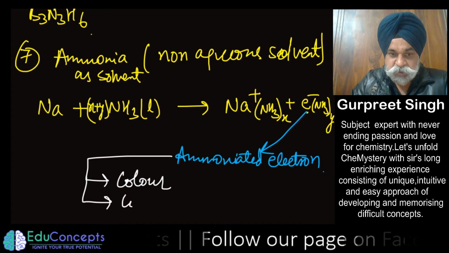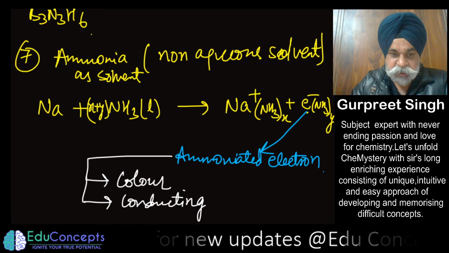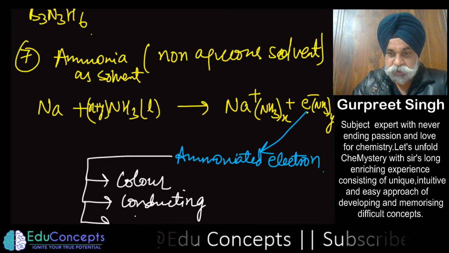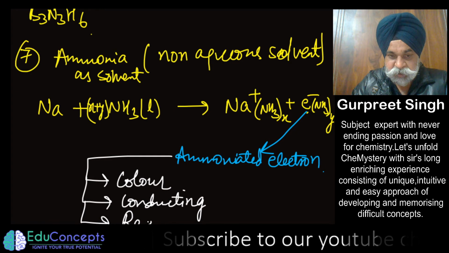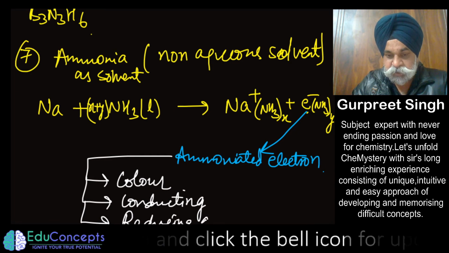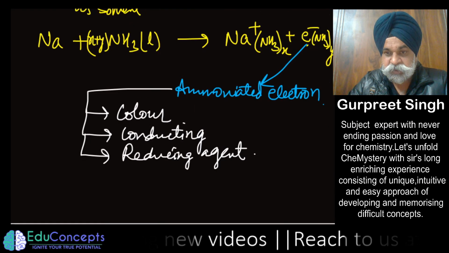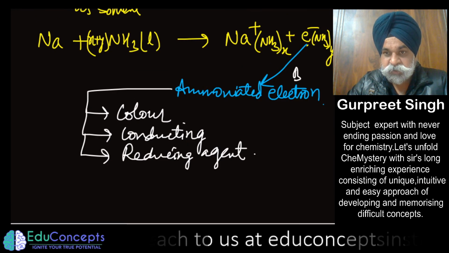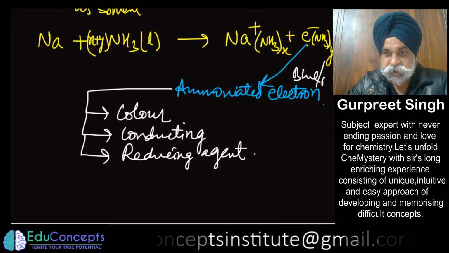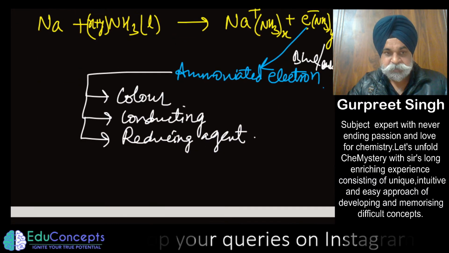It is also the cause of conduction, the solution becomes conducting, and it is also the cause of reducing nature. Sodium dissolved in liquid ammonia is a good reducing agent. The color is also quite important: it is intense blue or dark depending upon the quantity of ammonia solvated. This is quite an important viewpoint which you should focus on.